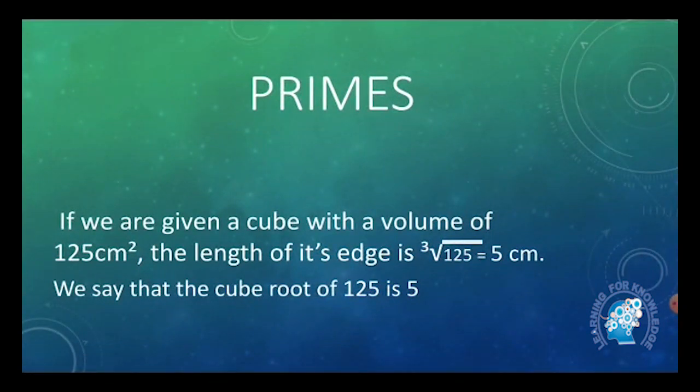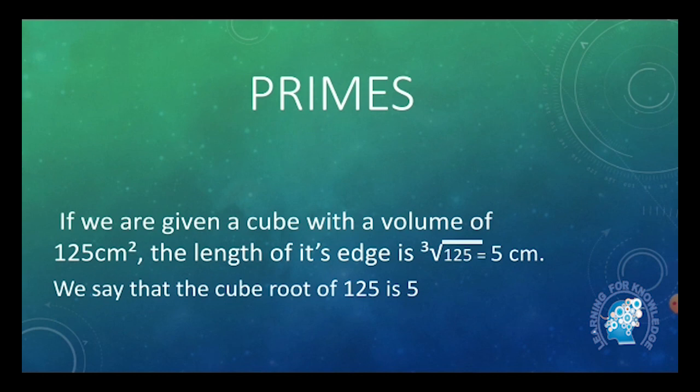Now, if we're given a cube with a volume of 125 centimeter cubed, the length of its side is the cube root of 125. We say cube root because, as you can see, there is a power of 3.